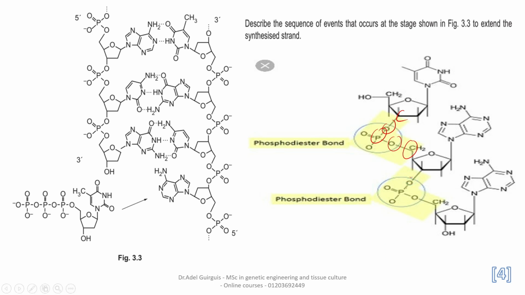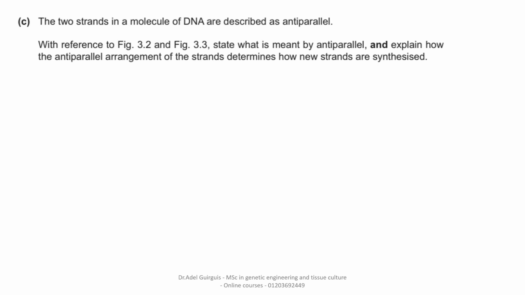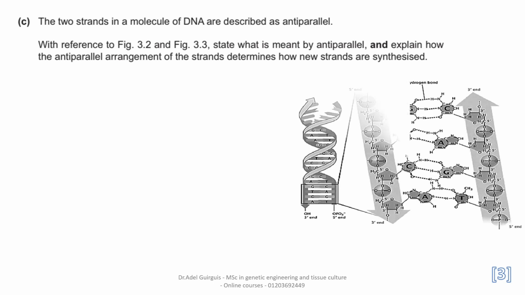Letter C. The two strands in a molecule of DNA are described as antiparallel. With reference to figure 3.2 and figure 3.3, state what is meant by antiparallel and explain how the antiparallel arrangement of the strands determines how new strands are synthesized. As we know, DNA is called a double helix.